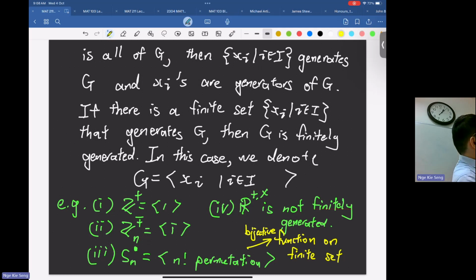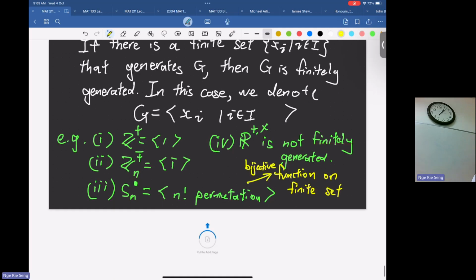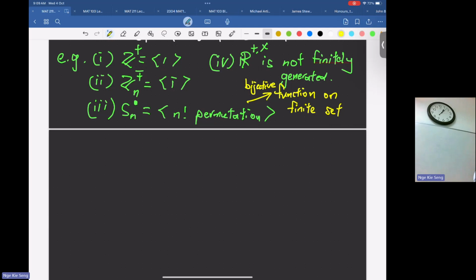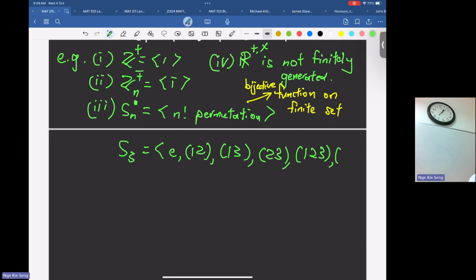These are mostly notation, and you need to know what it means if people write like that. I think S_n is still a bit vague for you, so maybe take S3. What is S3? S3 is the identity, (1 2), (1 3), (2 3), (1 2 3), and (1 3 2). If you have read Artin, Artin reduced this set to 2 generators, but with some relations.